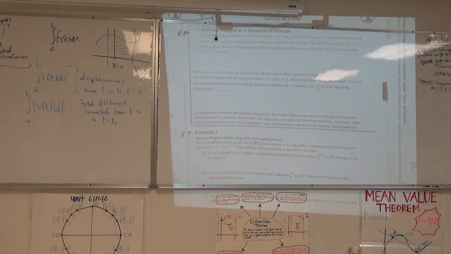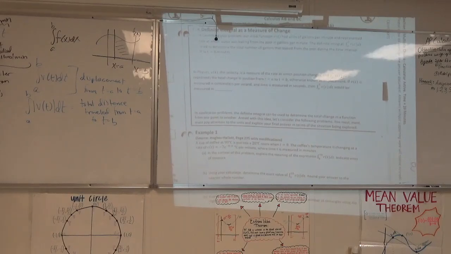It's a how fast, right? It's how fast water leaked out. The definite integral was not how fast, but how much. How much water leaked out from t equals A to t equals B, and we were measuring in gallons.